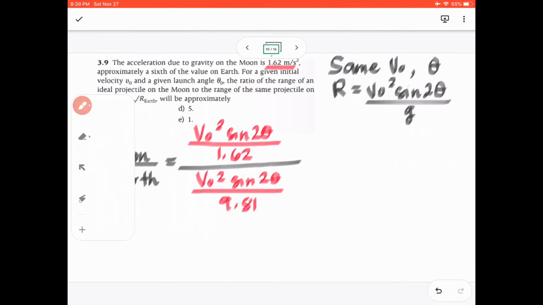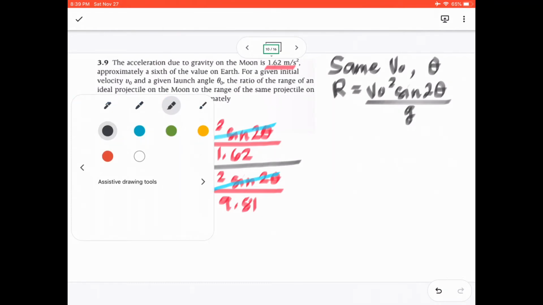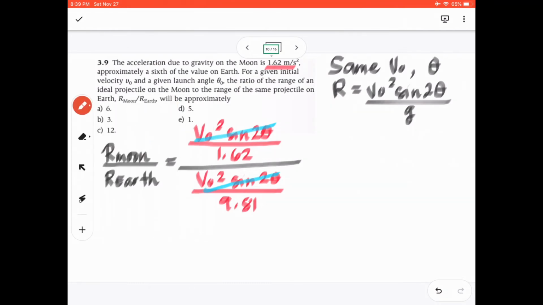9.81. So this VO squared sine 2 theta and VO squared sine 2 theta, because they are equal, we can cancel them. Therefore, we can rewrite this as 1 over 1.62 over 1 over 9.81. This is a complex fraction.